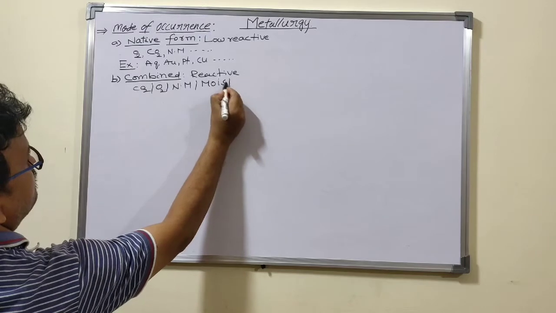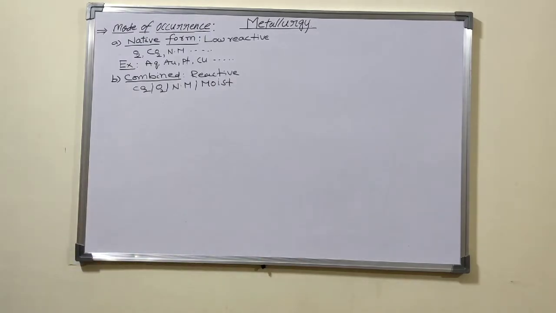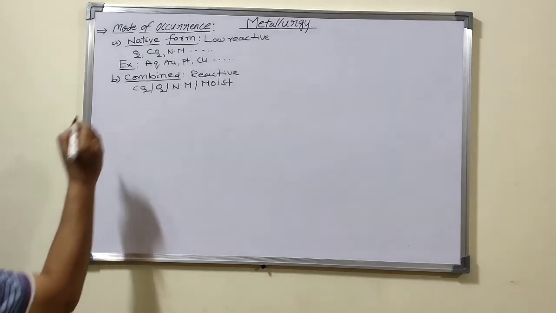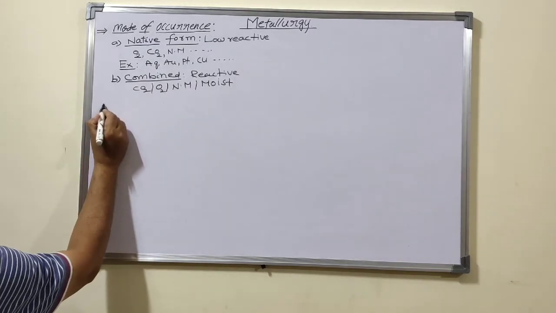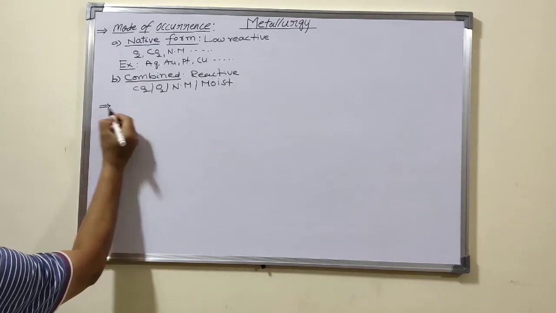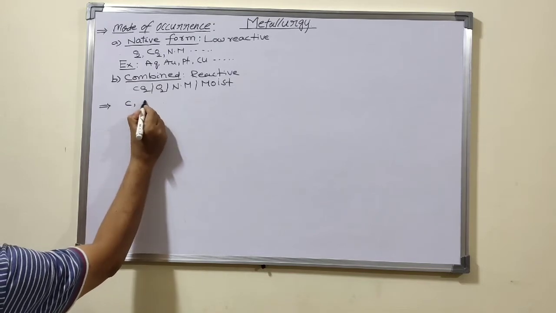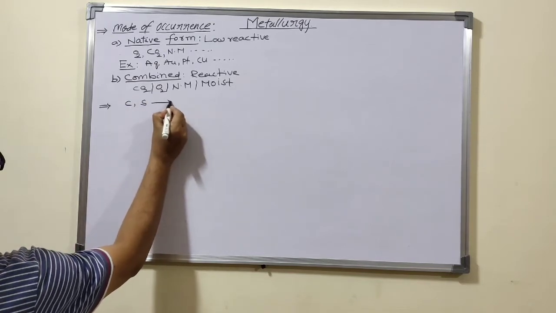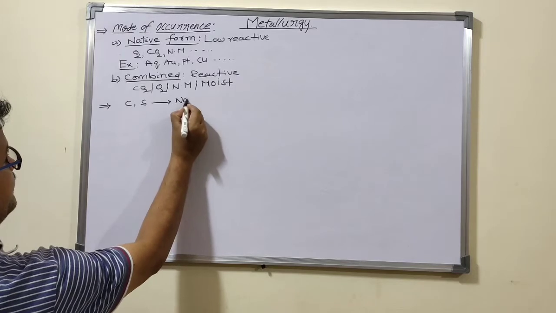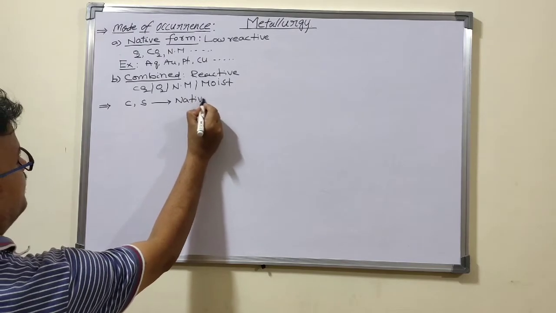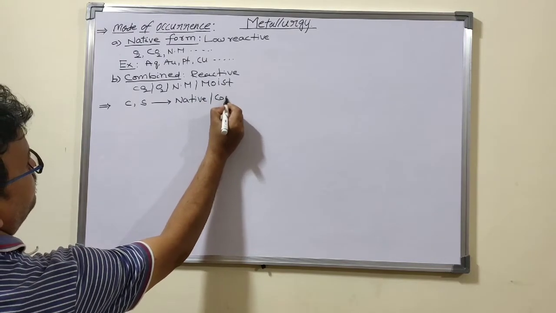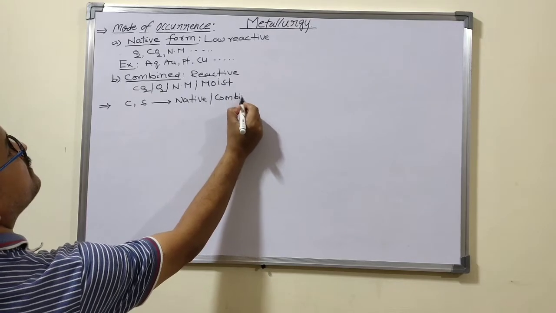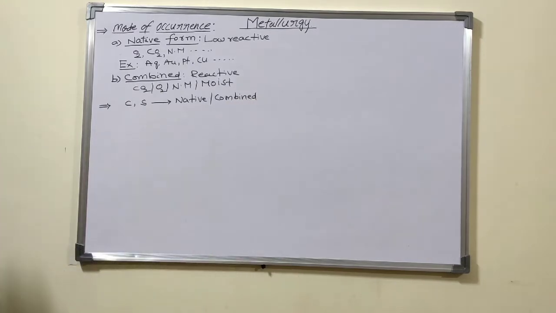So they occur in the combined state. And a few non-metals such as carbon and sulfur can exist in both native form as well as combined form. This we have to remember.